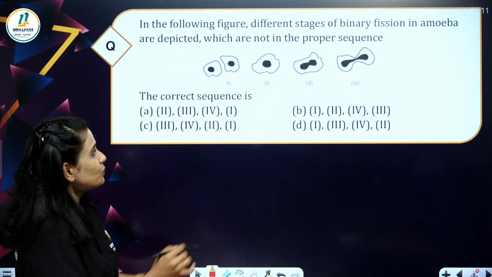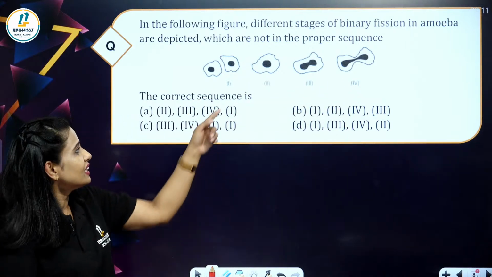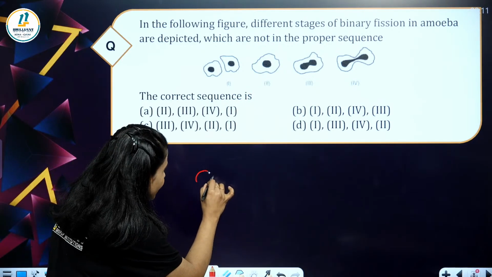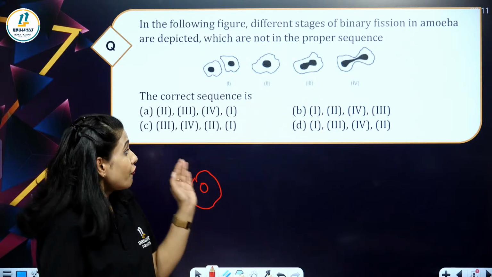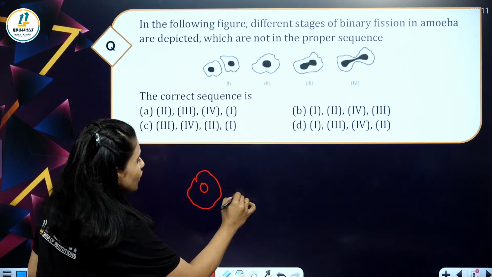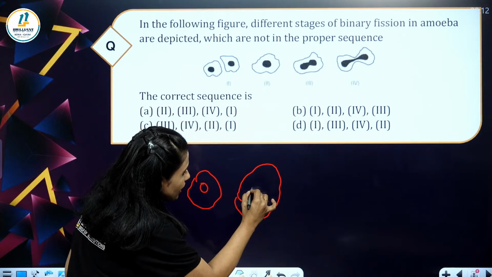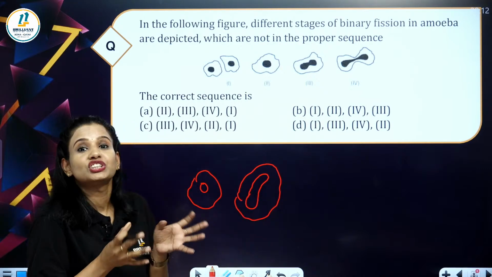See, the first one here, which is marked as 2, is the parent cell, right? From the parent cell, the cell and the nuclei will elongate for fission.